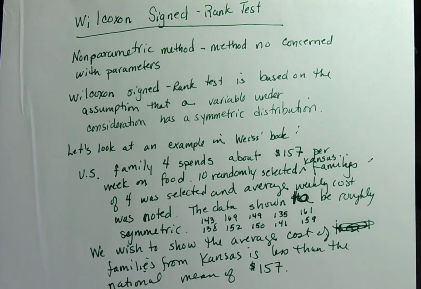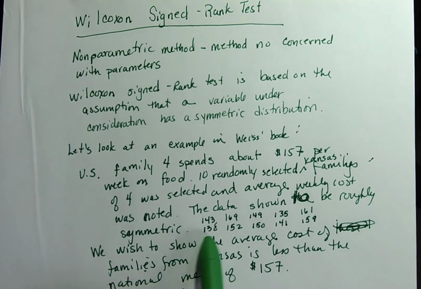U.S. families back in the day, with a family of 4, spent about $157 per week on food, much more expensive now. 10 randomly selected Kansas families of 4 were selected for this particular study, and they got their weekly costs, noted there in the data right here.